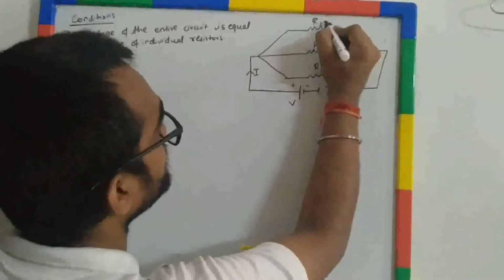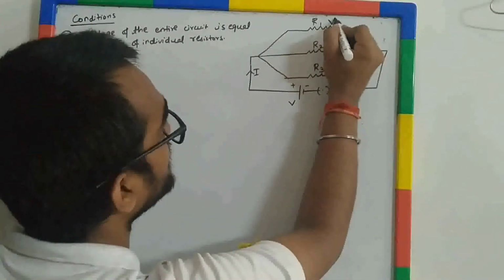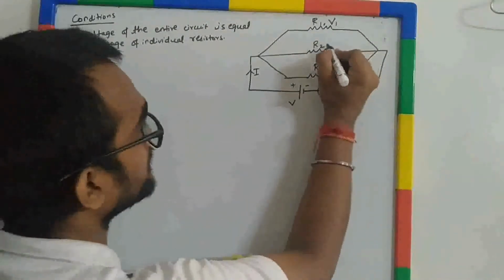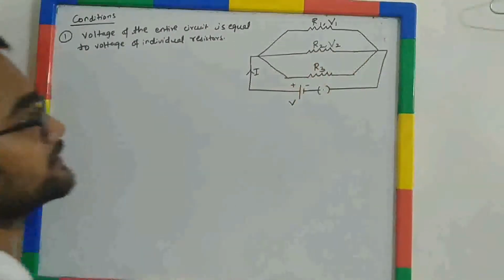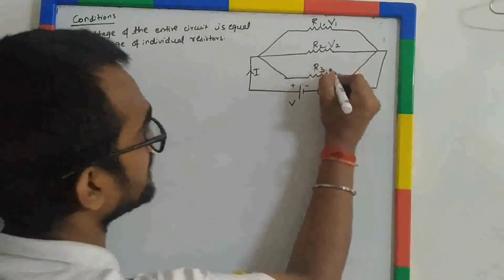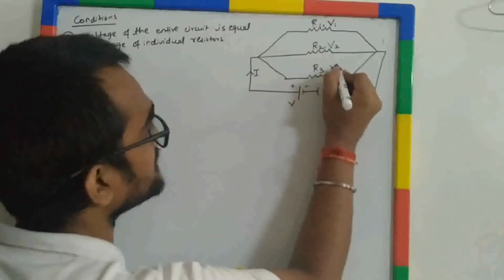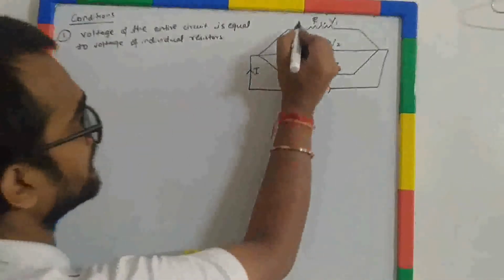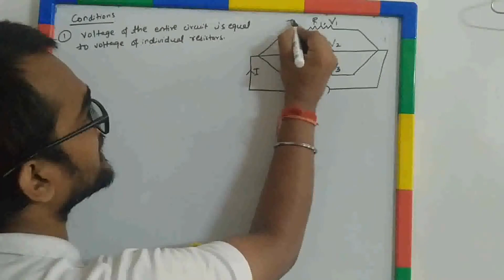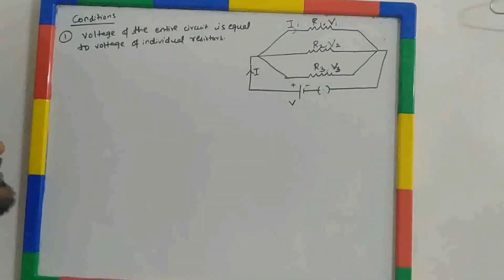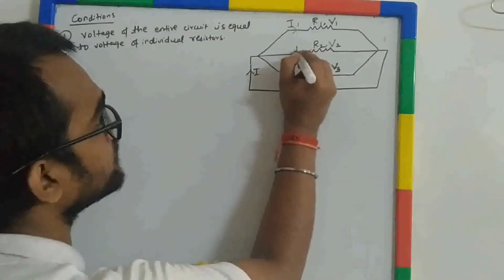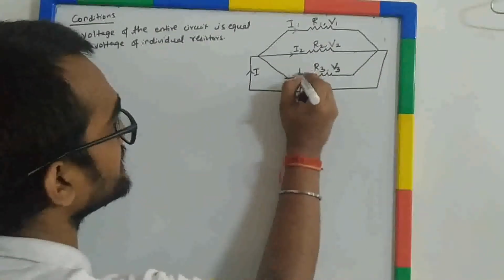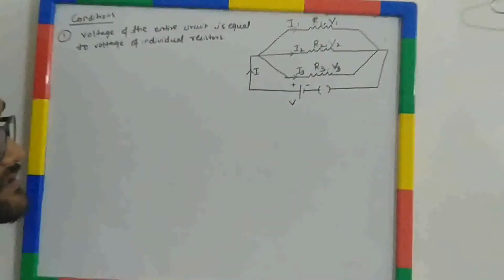Let V1 be the voltage across resistor R1, V2 be the voltage across resistor R2 and V3 be the voltage across resistor R3. I1 be the current across resistor R1, I2 be the current across resistor R2 and I3 be the current across resistor R3.